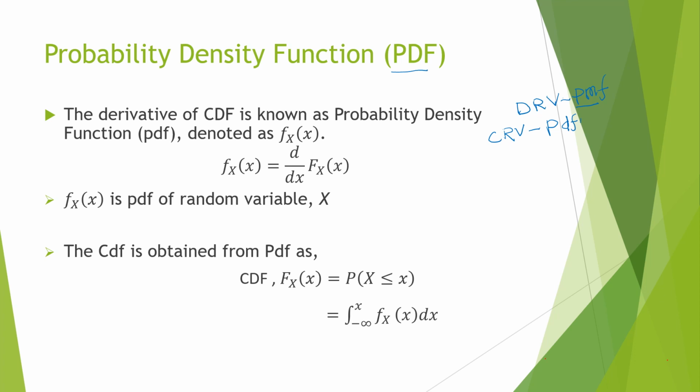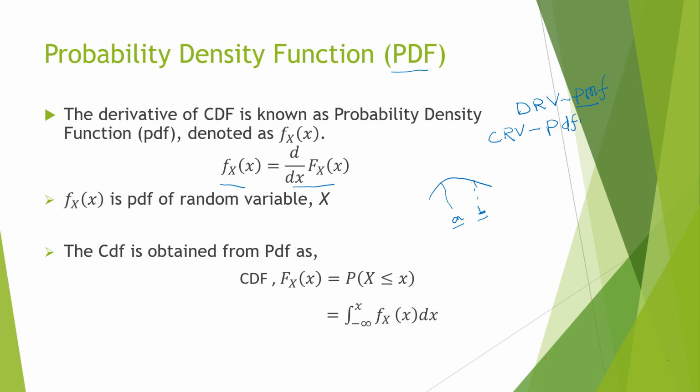Once you know the cumulative distribution function of a random variable, if you differentiate the CDF, you get the probability density function. As the name suggests, the PDF indicates the probability between any 2 points. Suppose this is the PDF curve, it gives us the probability of a random variable lying in the interval A and B. That's why it is known as PDF.